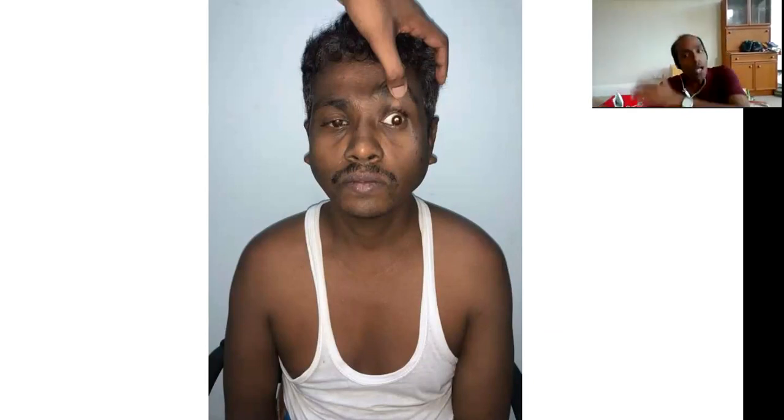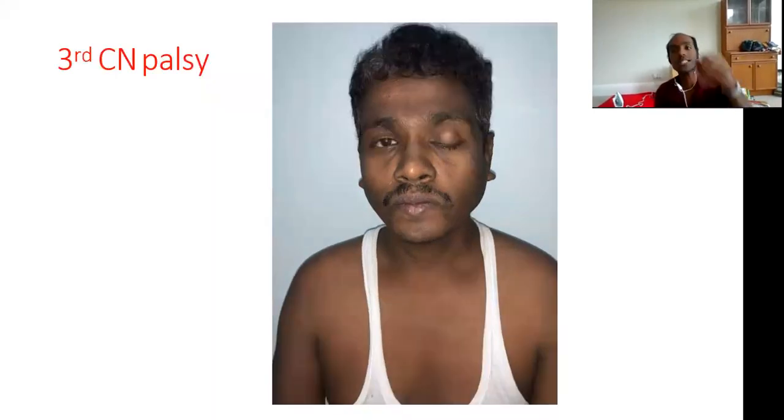You get complete ptosis because the third nerve supplies the levator palpebrae superioris muscle, and the eyeball is pulled laterally by the lateral rectus and downwards by the superior oblique.